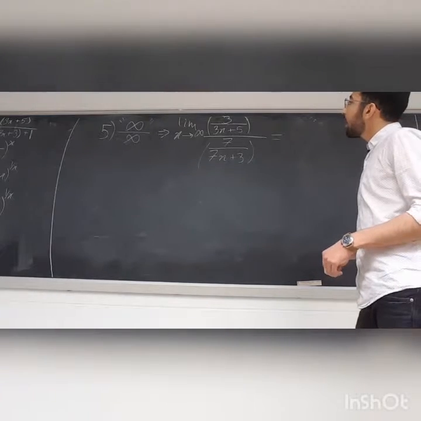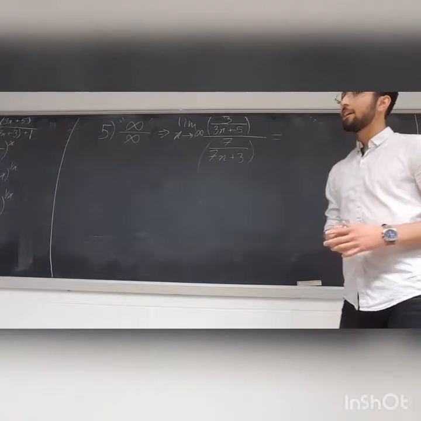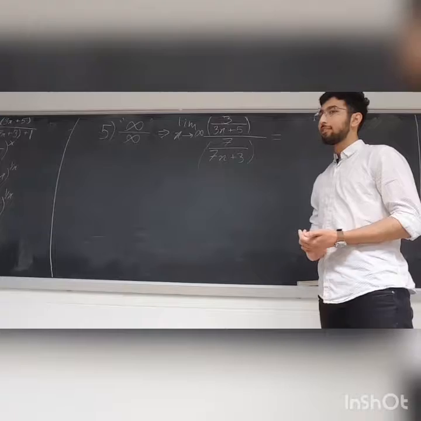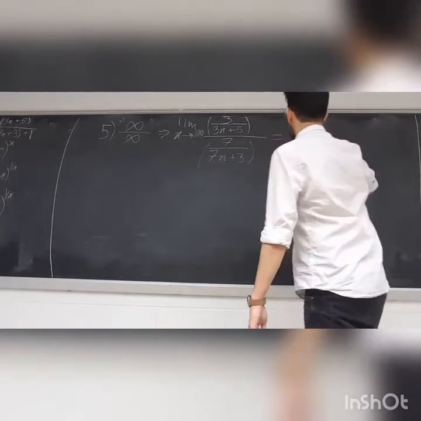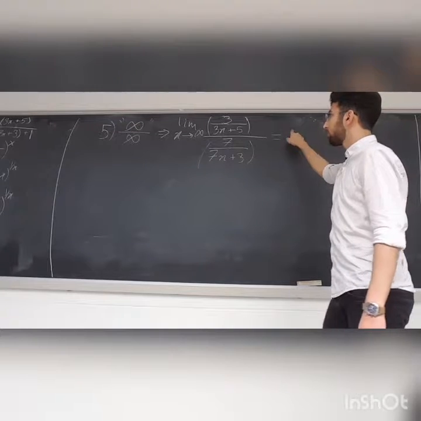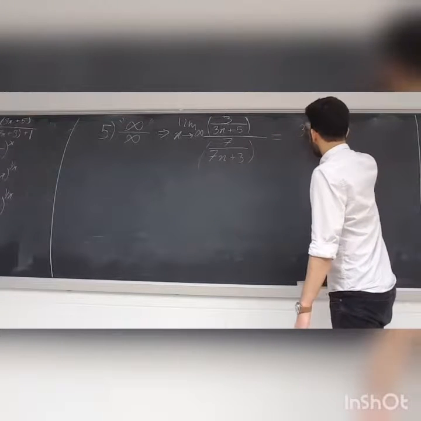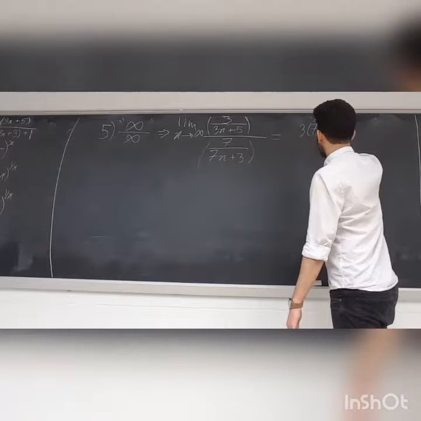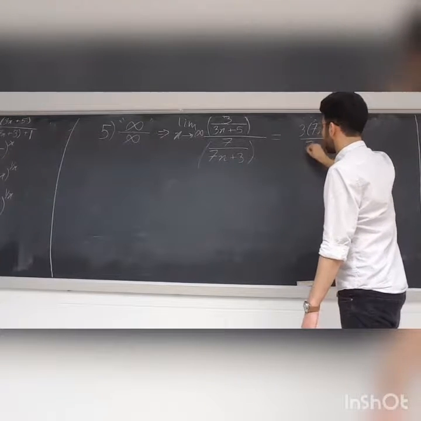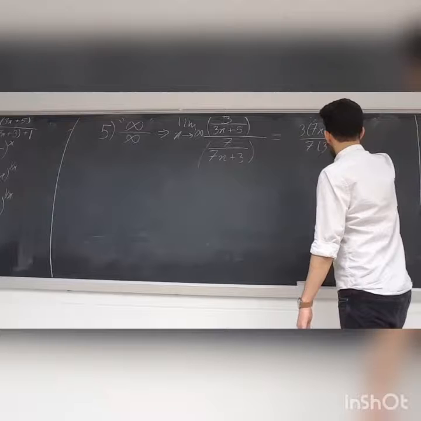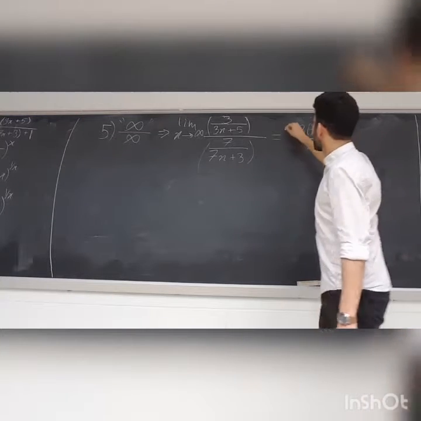Can you multiply by the reciprocal? Yes. So in this case, what would you get? 3 times 7x plus 3 over 7 times 3x plus 5. And you do not want to forget the limits.